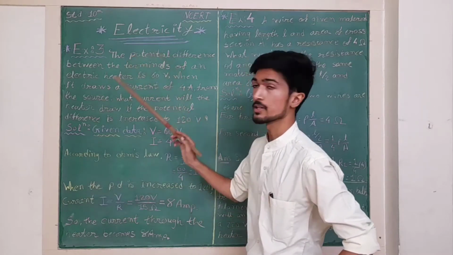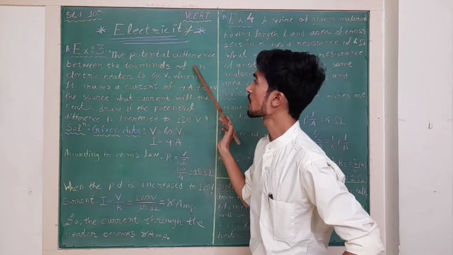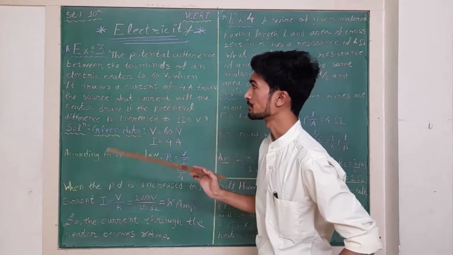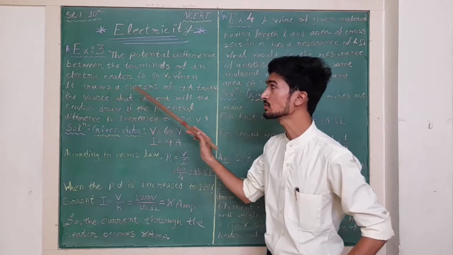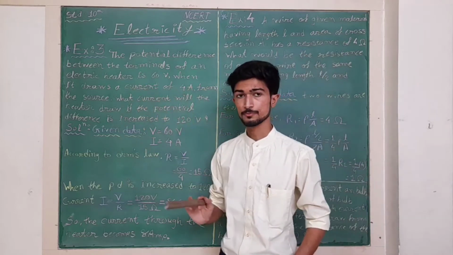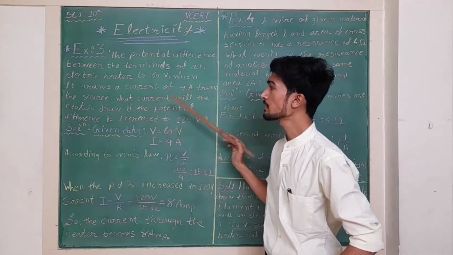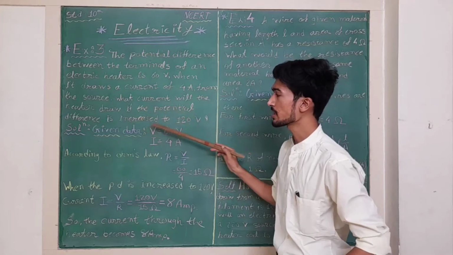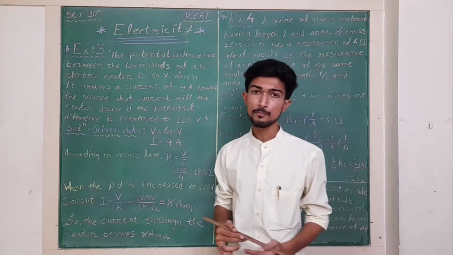The potential difference between the terminals of an electric heater is 60 volt when it draws a current of 4 ampere from the source. What current will the heater draw if the potential difference is increased to 120 volt?